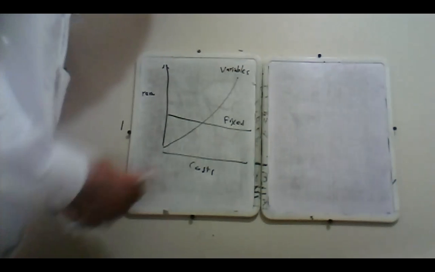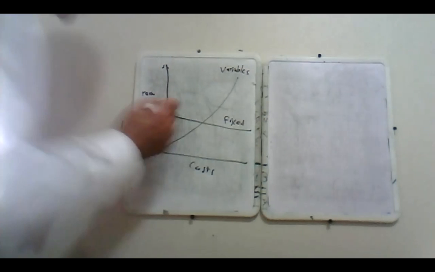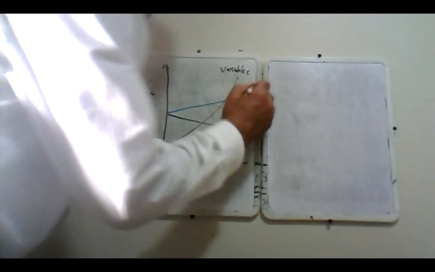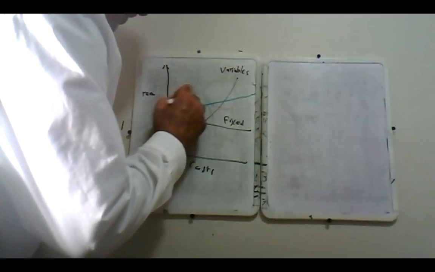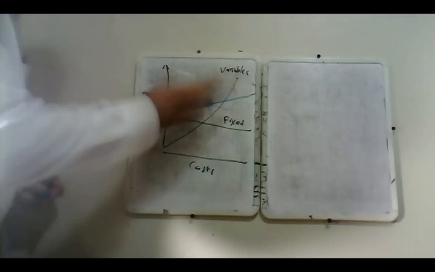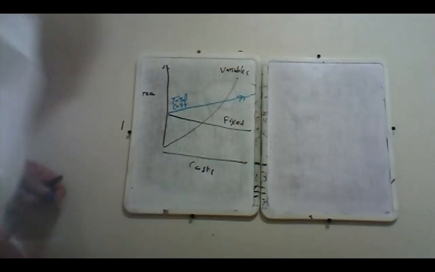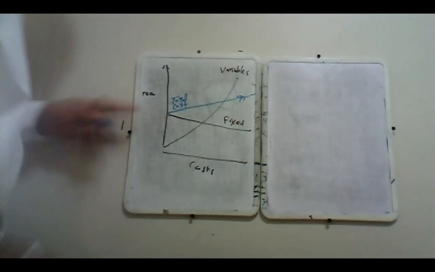Then we have something called total costs. I will do it in blue so you will understand it. The total cost is both the variable and the fixed.